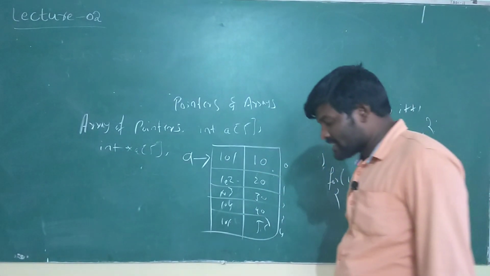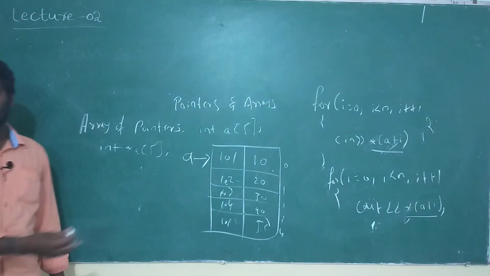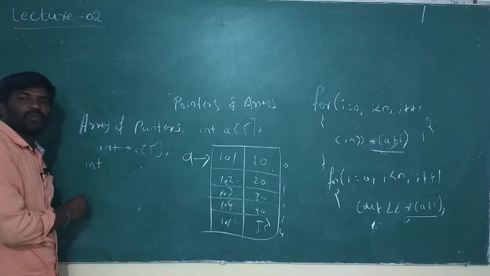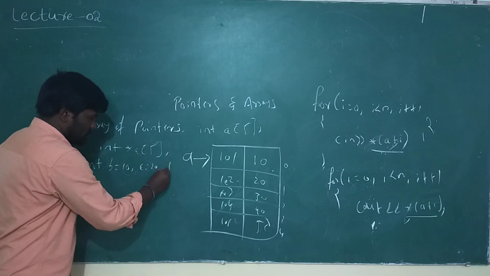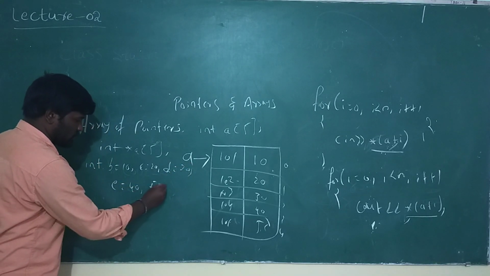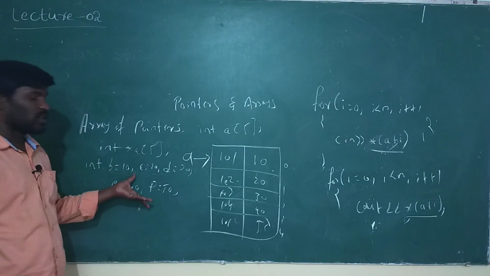Suppose I declare int star a of 5, then how do we assign the values? Here 5 is there, so I can declare 5 variables. b is equal to 10, c is equal to 20, d is equal to 30, e is equal to 40, f is equal to 50. Why do we initialize 5 variables?